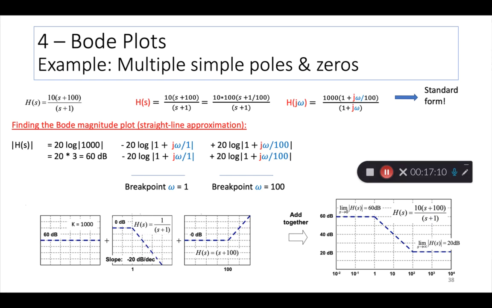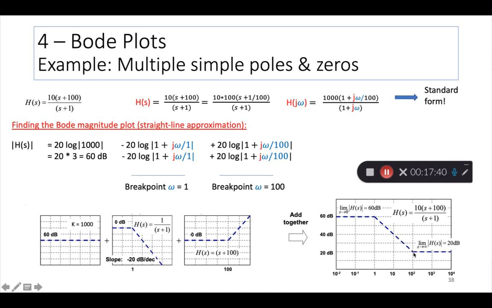And so after 1 until 100, it's only the effect of this pole and whatever is the 60 decibel. So the 60 decibel minus whatever the values are here, minus 10, minus 20, minus 30, is what is going to be shown until 100, which is 10 squared.